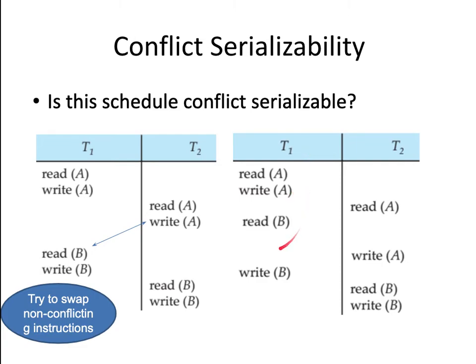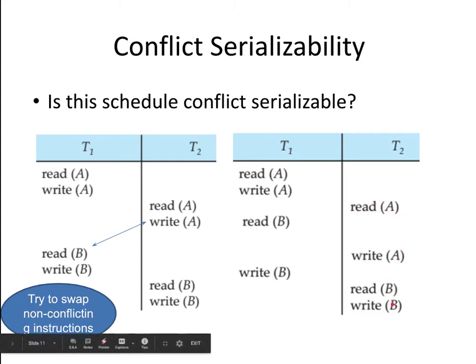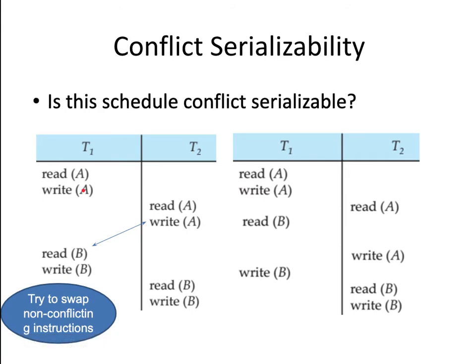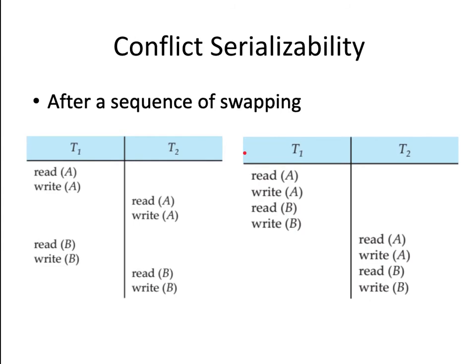So all the instructions of T1 will come together and all the instructions of T2 will come together, and it will become a serial schedule, T1 followed by T2. The execution of the two transactions is conflict serializable because it is finally equivalent to a serial schedule like this.